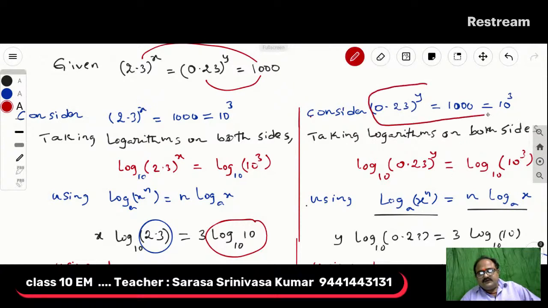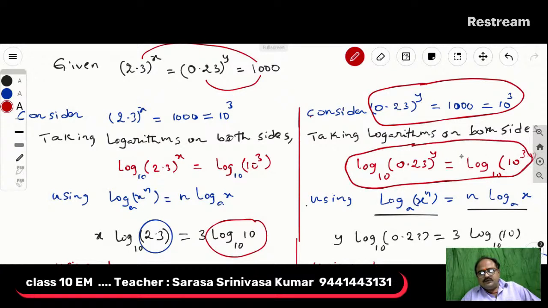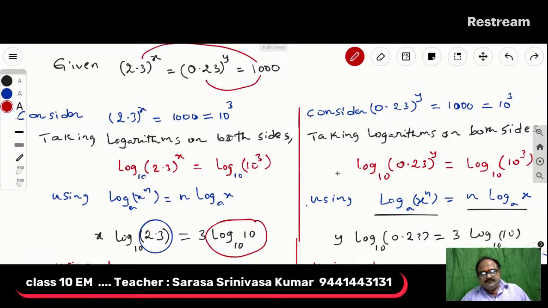Taking logarithms for this, we get log 0.23 raised to the power of y base 10 equal to log 10 power 3 base 10. On the left-hand side and the right-hand side, we follow the same procedure. Students must understand this concept. For simplicity, I am explaining both sides at a time.